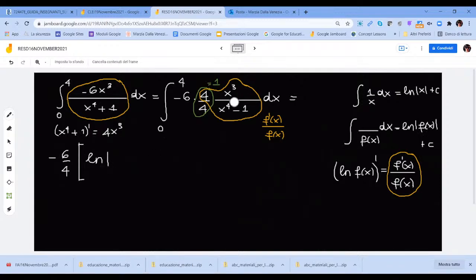What is f? I'm sorry, this was a plus. x to the fourth plus 1. Okay. And this should be computed. I write the double parentheses between 0 and 4.